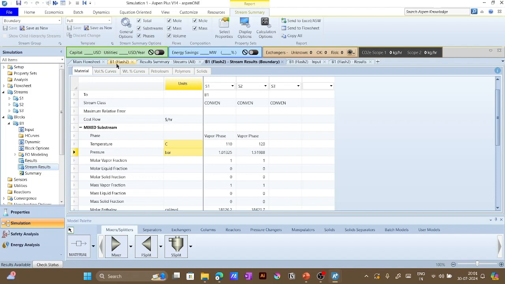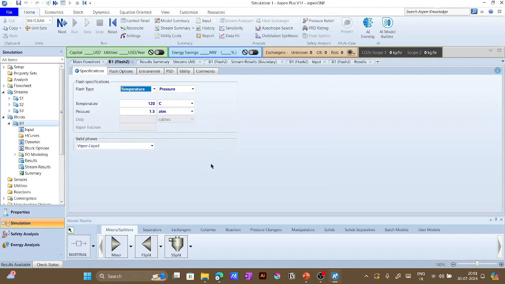So now let's say I want to compute the dew point of this system. Apart from the property analysis, like in the property estimation video shown, we can also compute the dew point with the help of the flash drum. So let's say instead of providing temperature and pressure values, I provide a vapor fraction. I have to write a vapor fraction so that all the feed is converted to vapor.